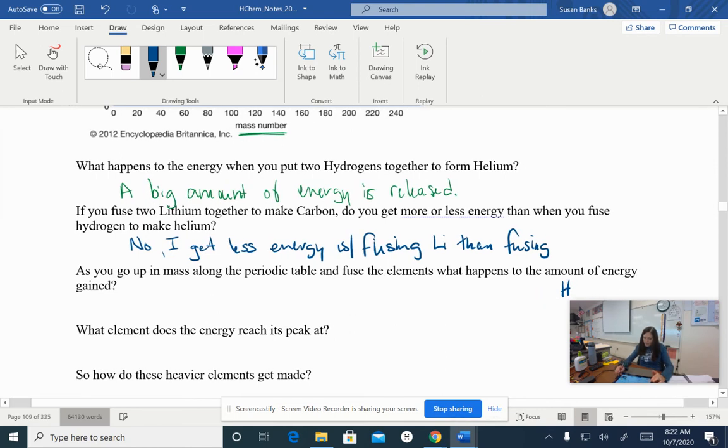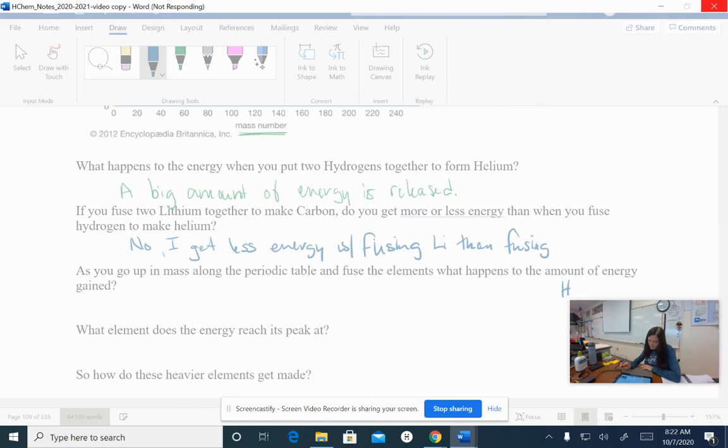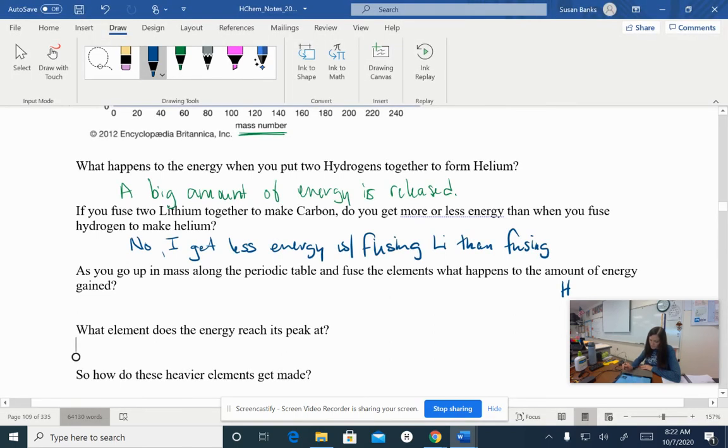Okay, so let's think about this. When I fuse hydrogen, which is essentially what the sun is doing, right? The sun is fusing hydrogen to make helium. That's the whole way the sun works. That is the most powerful reaction that we have. Okay? Notice as we go up in mass along the periodic table and fuse the elements, what happens to the amount of energy gained?